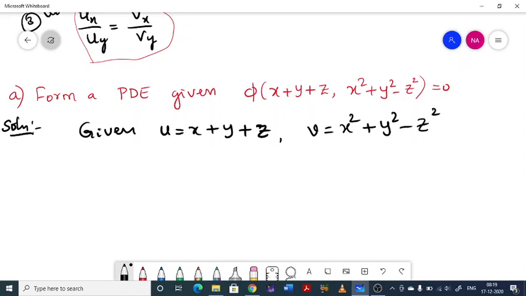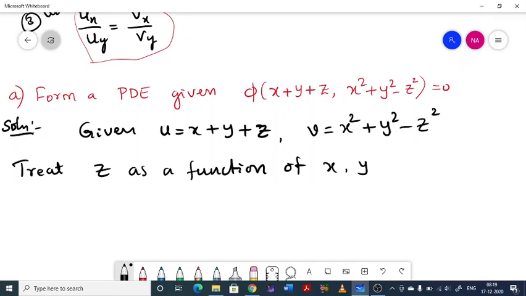Usually we take u and v as functions of x and y, I said already. So here you have to treat z as a function of x and y. Now find the partial derivatives.